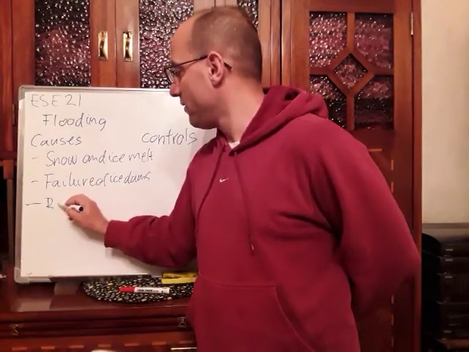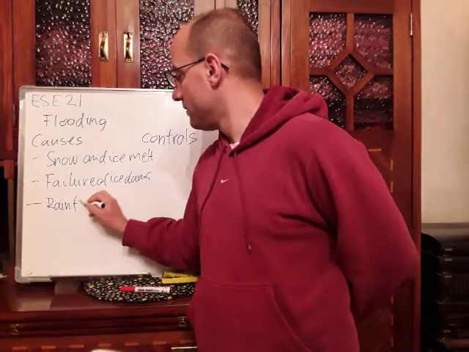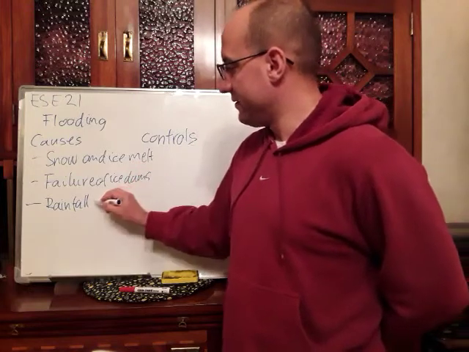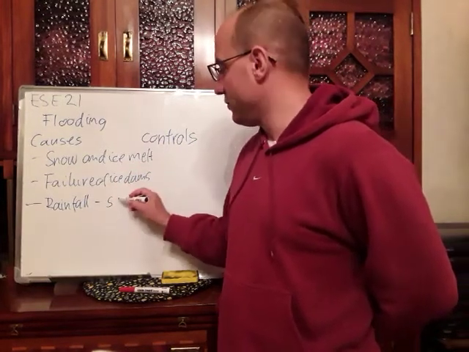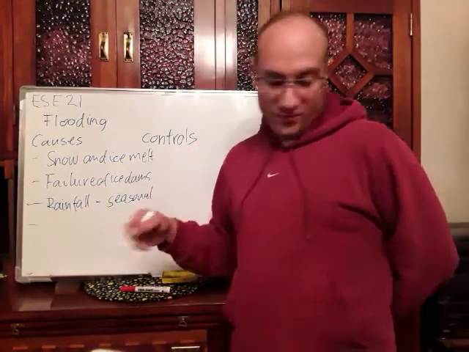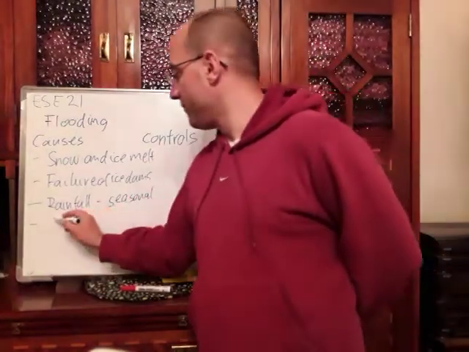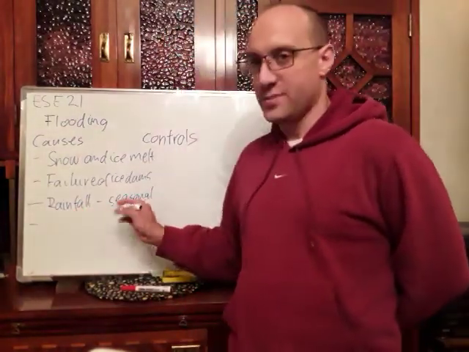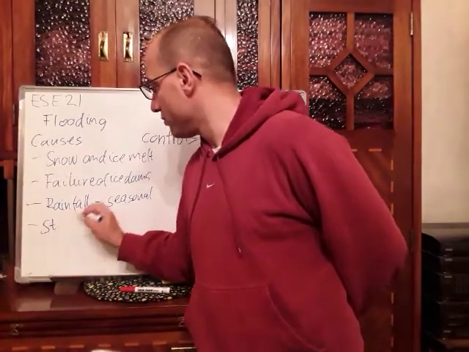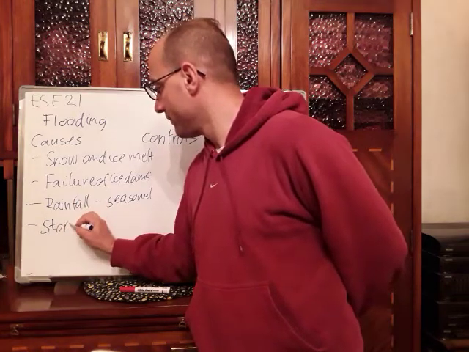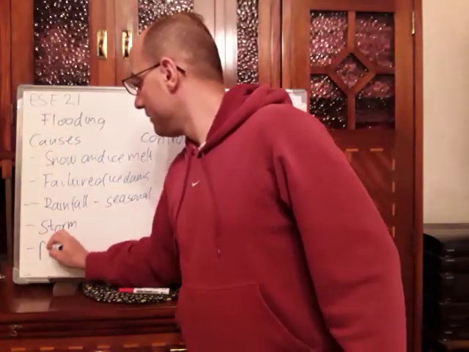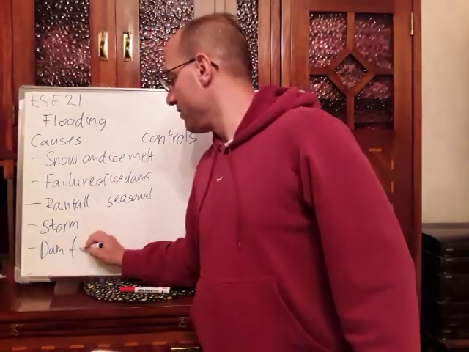So that was rainfall, peak rainfall, with kind of like a seasonal incidence, so that's related to climate, and also storm rainfall in not seasonal terms but more like daily, so that would be a shorter term kind of rainfall. So storm events, and finally dam failures.